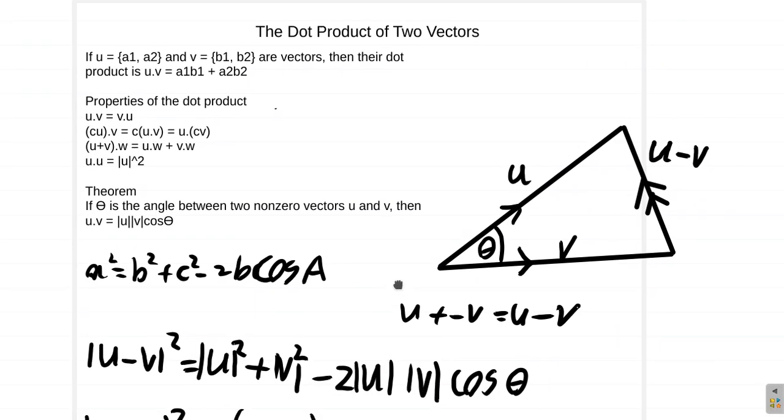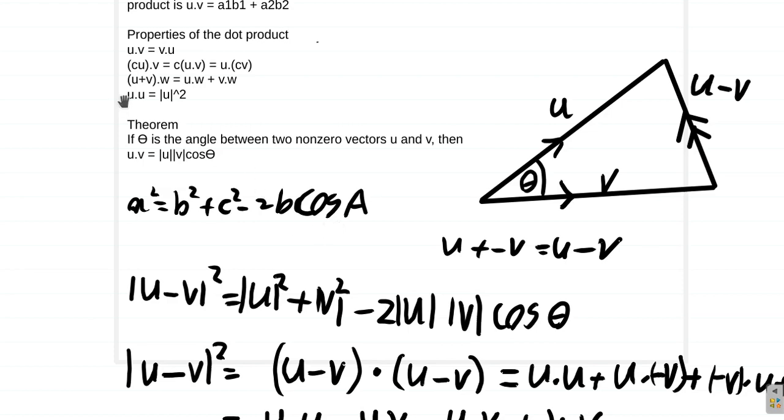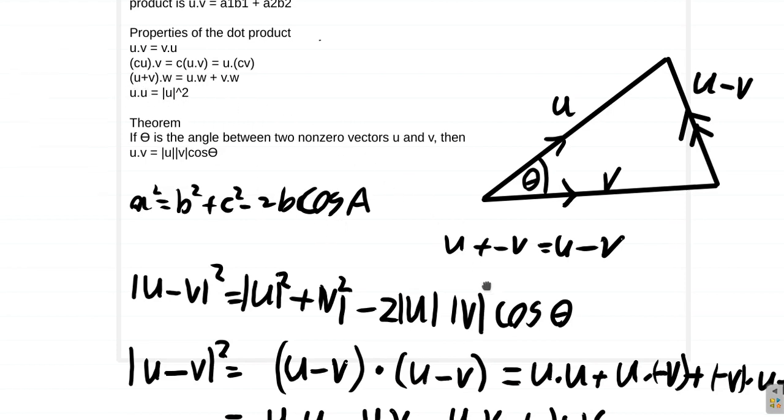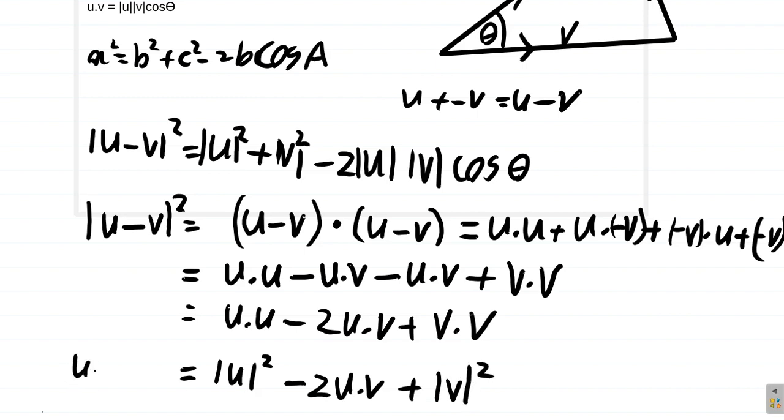Now, let's look up here. We see that u dot u is the same as the magnitude of u squared. So this u dot u is the same as the magnitude of u squared, minus 2 u dot v, plus the magnitude of v squared. So that is the magnitude of u minus v squared.